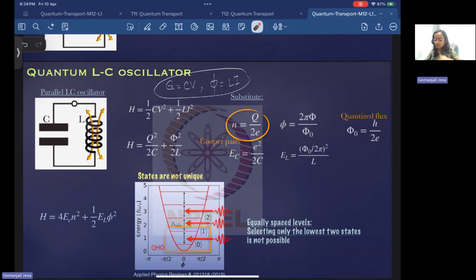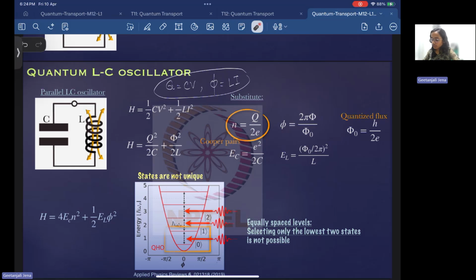So for this, we make some substitutions. We take a parameter n, which is nothing but the ratio of q, the charge stored in the capacitor, divided by the charge of a Cooper pair, 2e. So here you can say that we are basically studying this LC oscillator from a superconductor point of view because we are taking 2e.